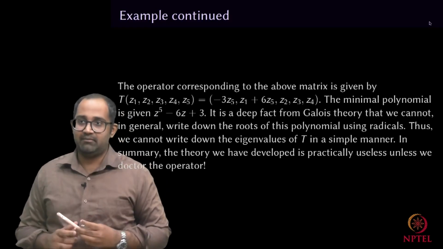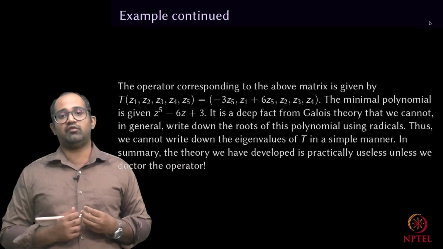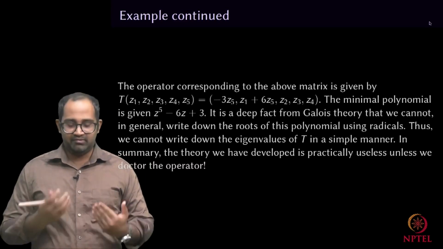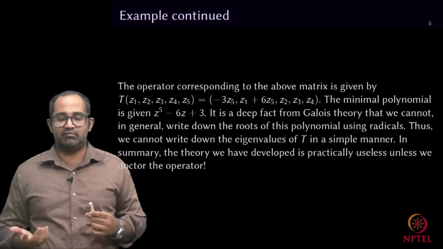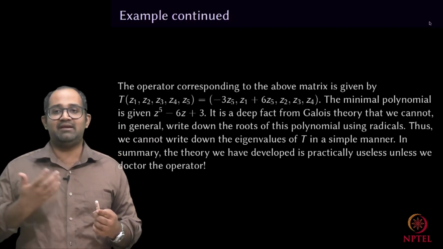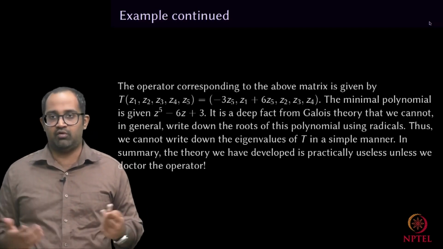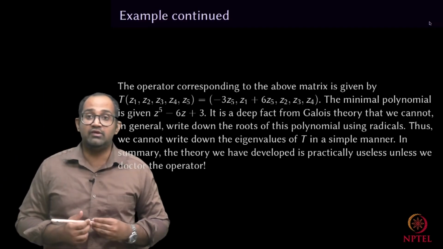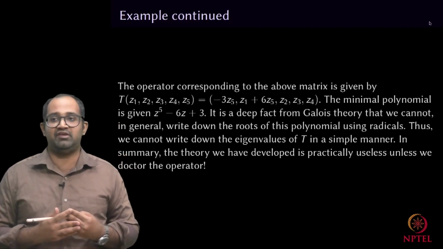As I said, from Galois theory, there is no way to write down the roots of this polynomial in some simple expression or formula that involves radicals. By radicals, what do I mean? I mean taking roots, cube roots, 4th roots, 5th roots of the various coefficients. If you recall, the solution for a quadratic is (-b ± sqrt(b^2 - 4ac)) / 2a.